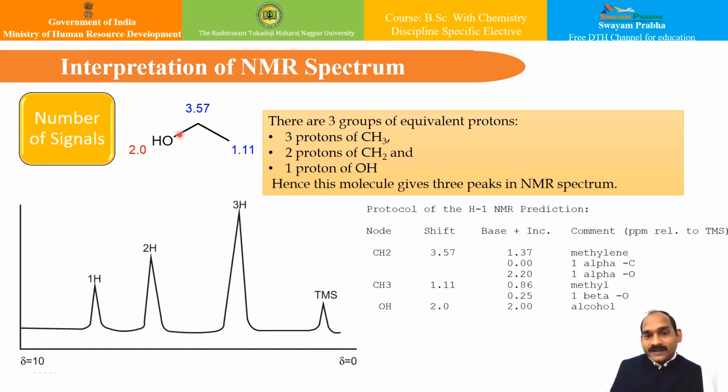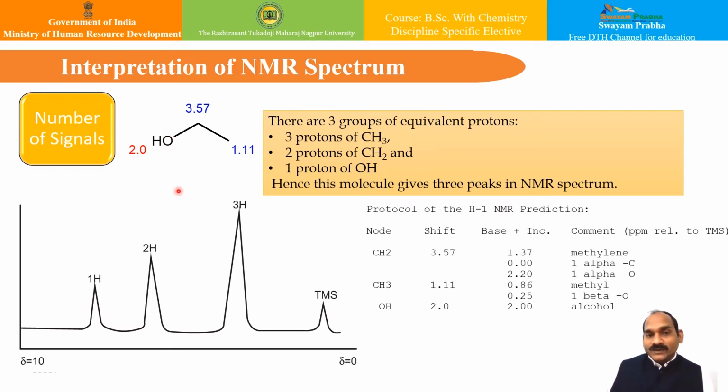Protons present in the same chemical environment are called equivalent protons, and protons present in different chemical environments are called non-equivalent protons. So there are three groups of non-equivalent protons: CH3, CH2, and OH.